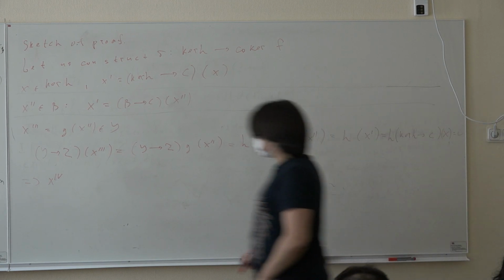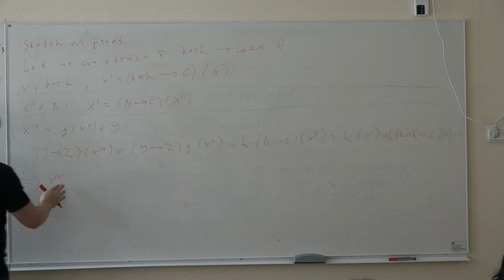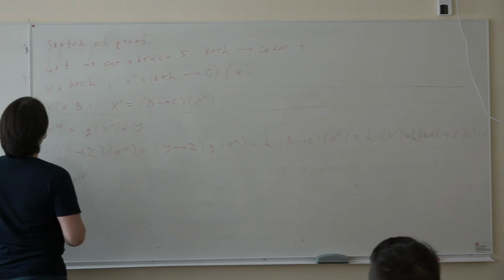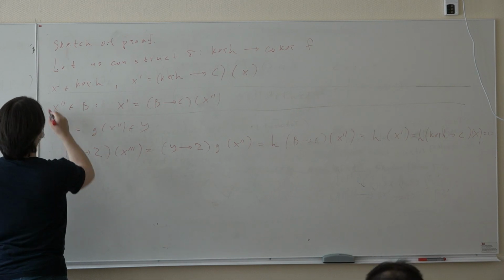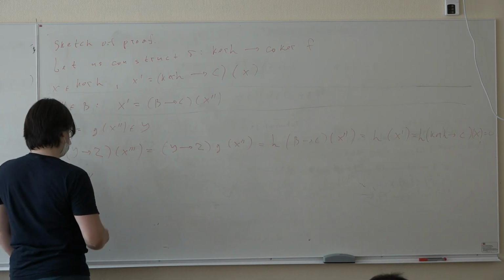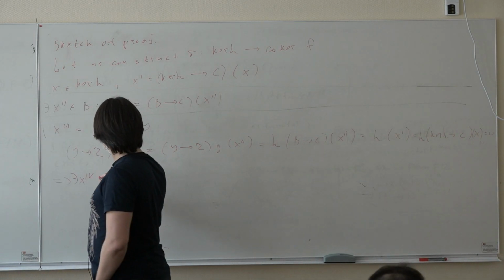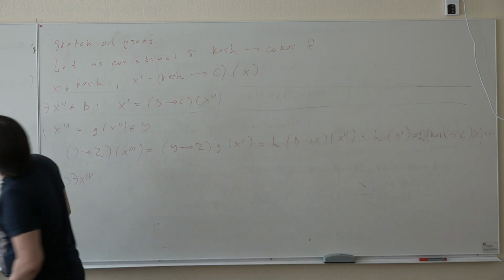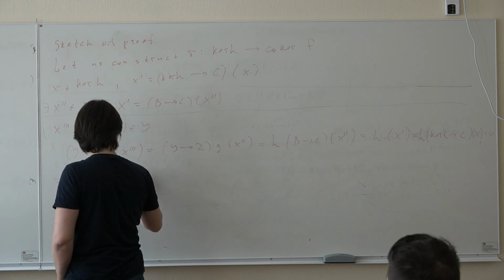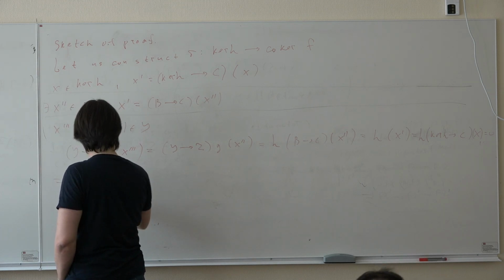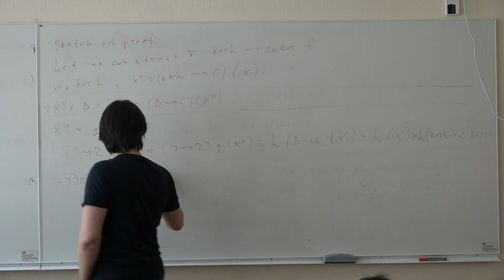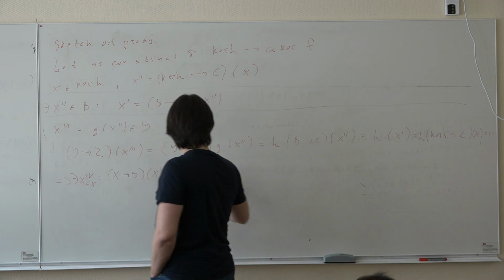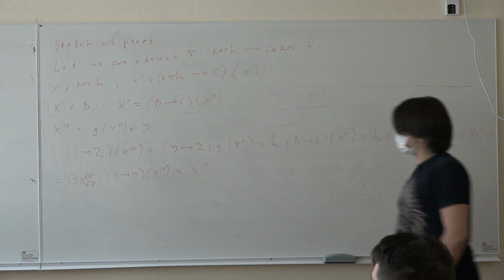So there exists x4 such that x to y of x4 equals x3 prime.